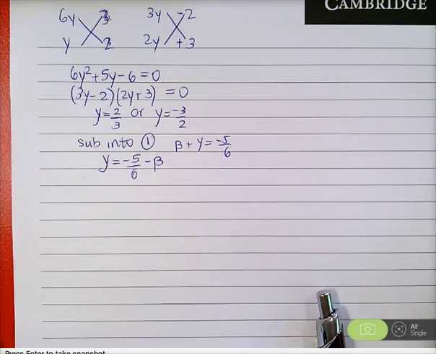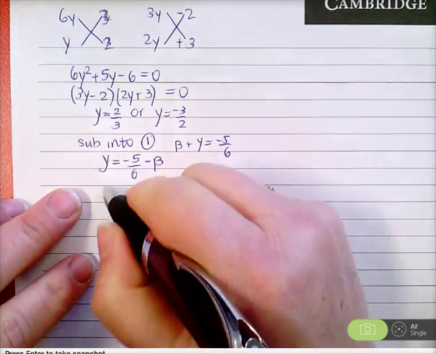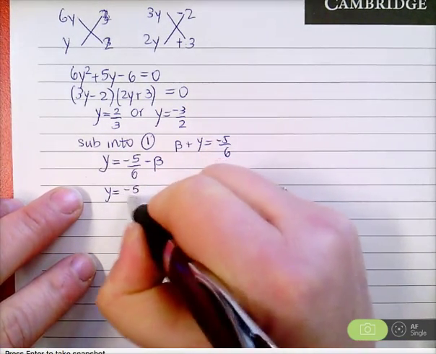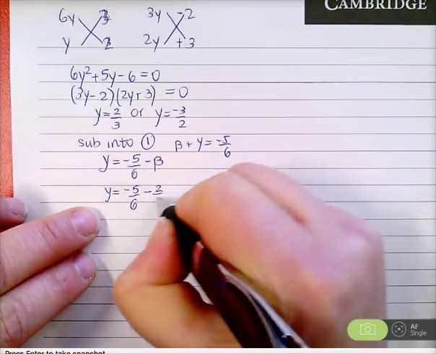And sub them both in. We'll just substitute them both in, just see what we get. So we get gamma is -5 on 6 minus 2/3.